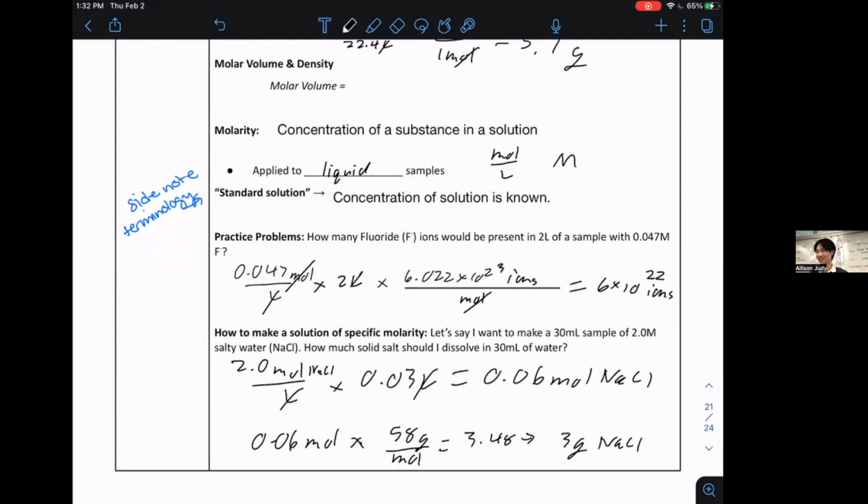We need our lowest measure of accuracy to determine our final answer. In this problem, the lowest they give us is just this 2 liters, which is only one significant figure, so we can only do it to one significant figure.